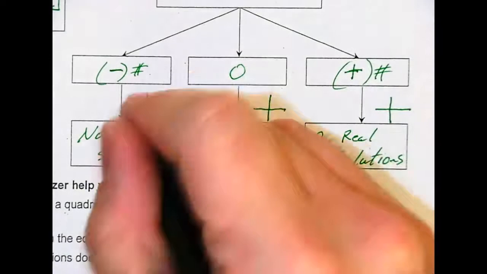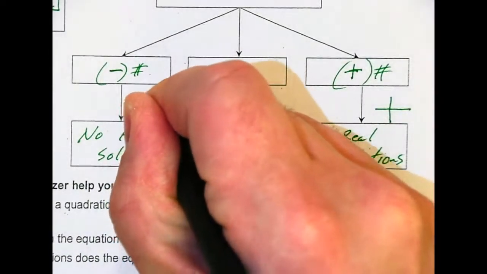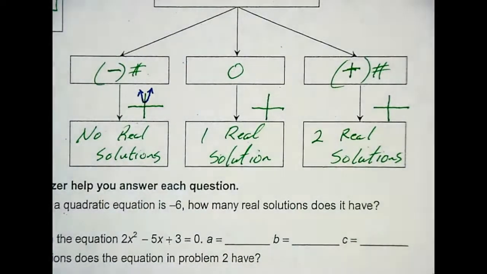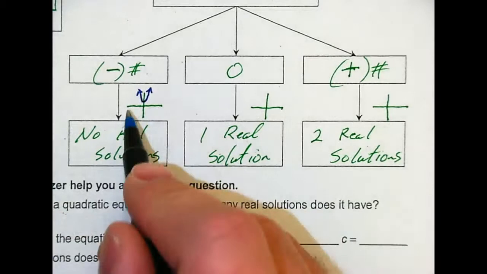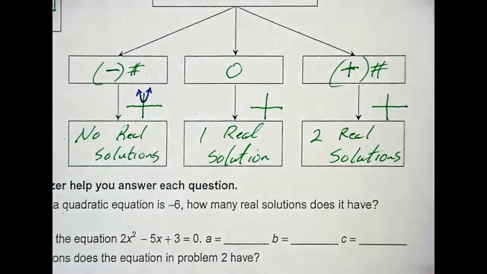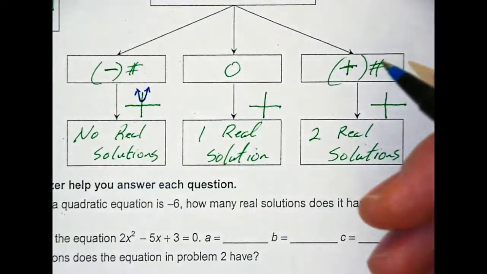All right, so no real solution could be where it goes here and it never actually hits the x-axis. Anyone have something like that? Okay, it could be multiple pictures. You just can't hit the x-axis. Okay, one real solution, what's it going to do? Yeah, it's going to hit it once.